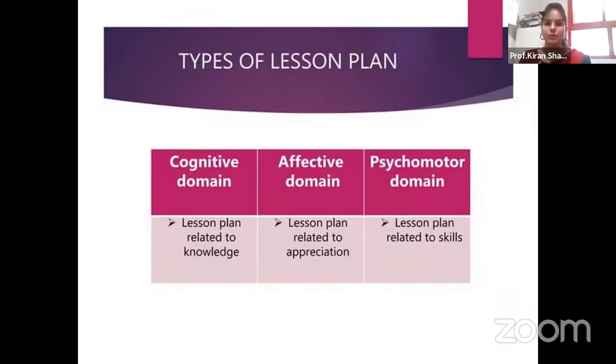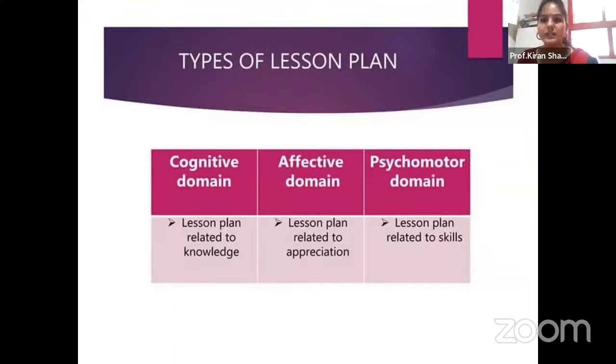Then in the affective domain, you prepare a lesson plan which is based on appreciation. The affective domain mainly focuses on feelings, values, appreciation, enthusiasm, motivation, and attitudes.